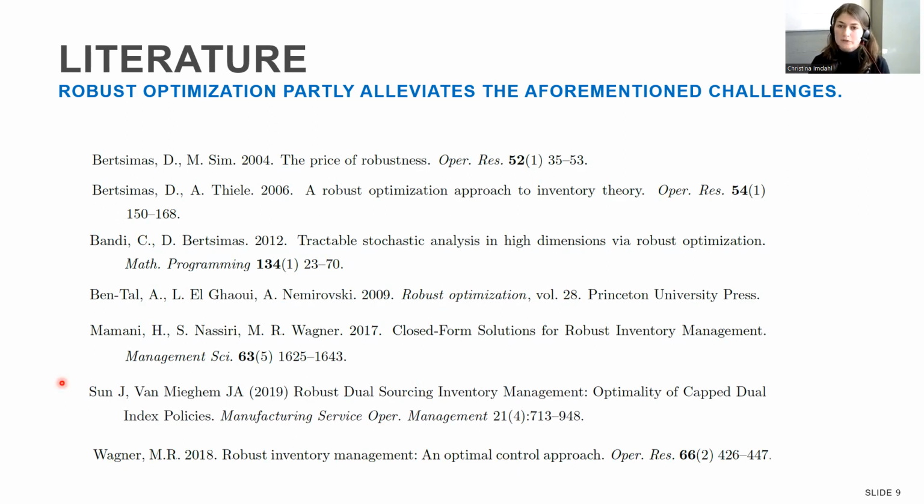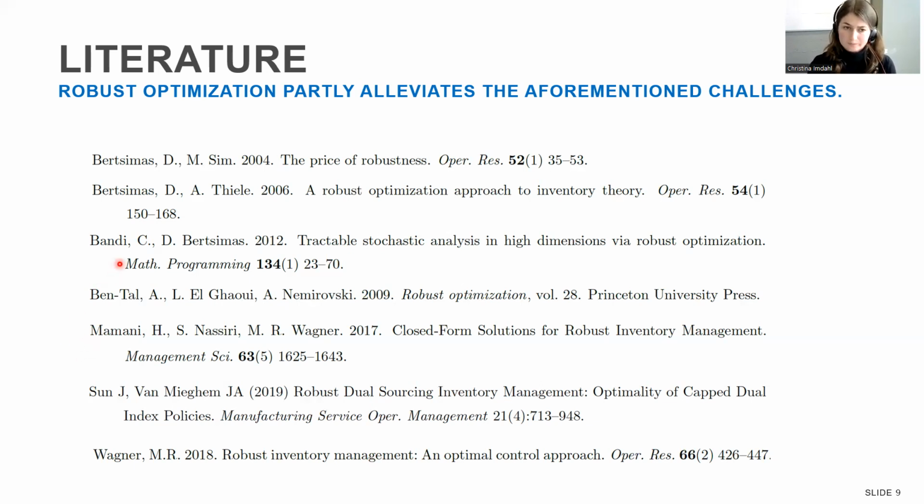We build on theory that I think many of you know. So we mainly build on the paper from Mamani, Nazerzadeh, and Wagner, who solved the uncapacitated problem. So they solved the problem when there is no capacity constraint, and showed what the robustly optimal policy is for that uncapacitated problem.